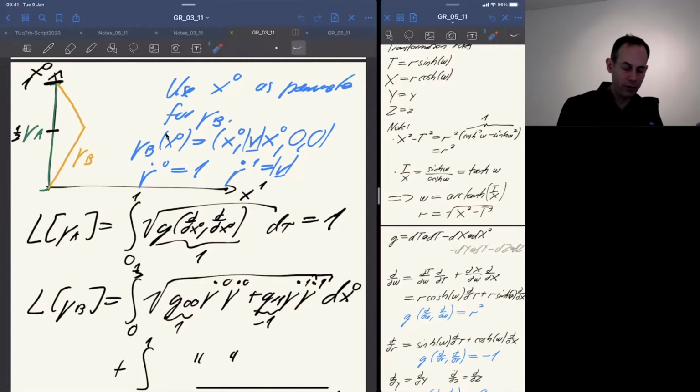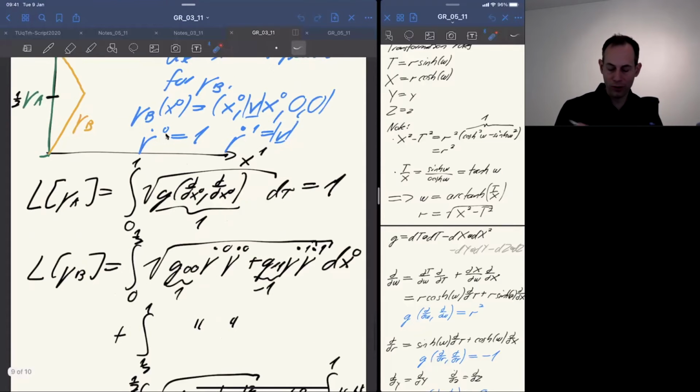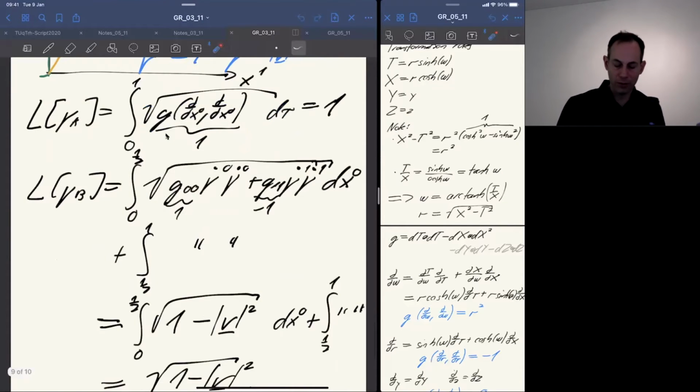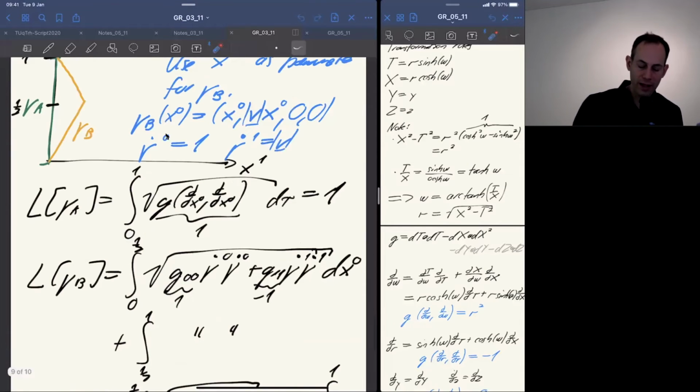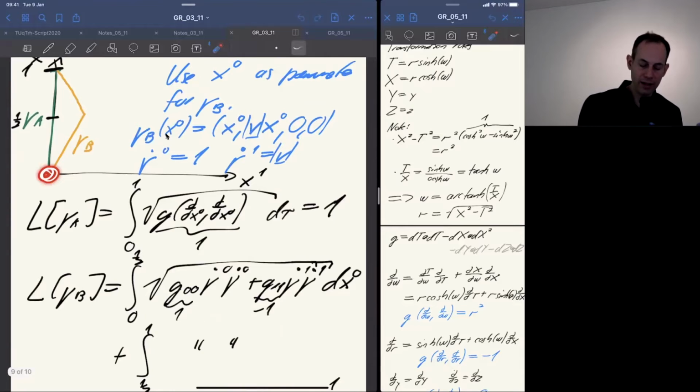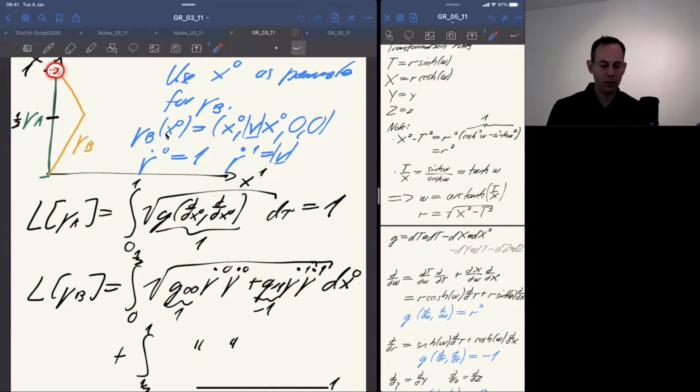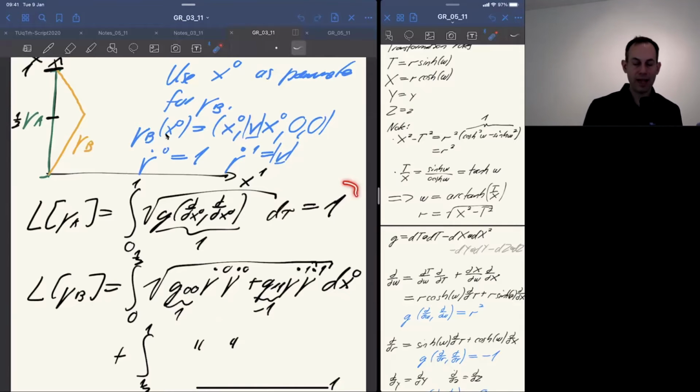You could do the same calculation for more curves, and you would easily convince yourself that whatever curve you take, not necessarily this orange one, if you start at this point and end at this point, you will always experience a bit less time than 1. We showed this more generally: the geodesic is a straight line, and the geodesic is at the same time defined by being the extremal curve.